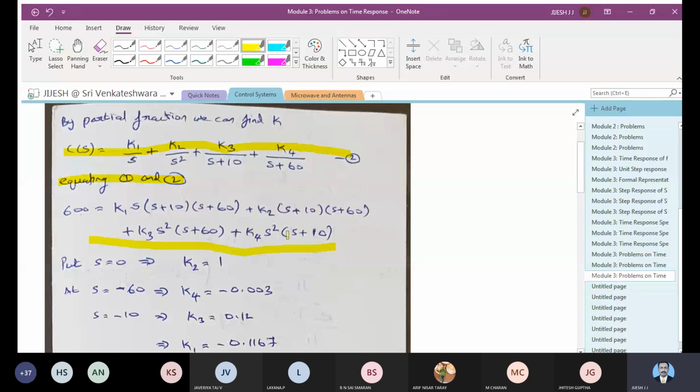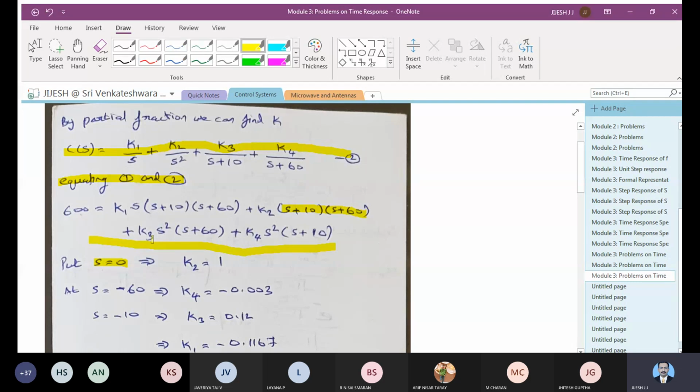Then what we'll be doing further is substituting s is equal to 0. We are putting s is equal to 0 in this equation. We know that here the terms are s plus 10 and s plus 60. All those terms like k1 s will get eliminated.